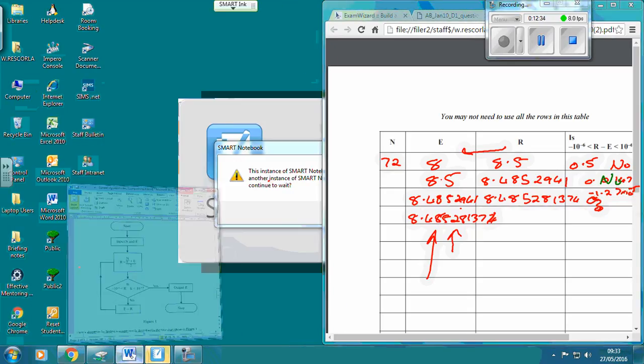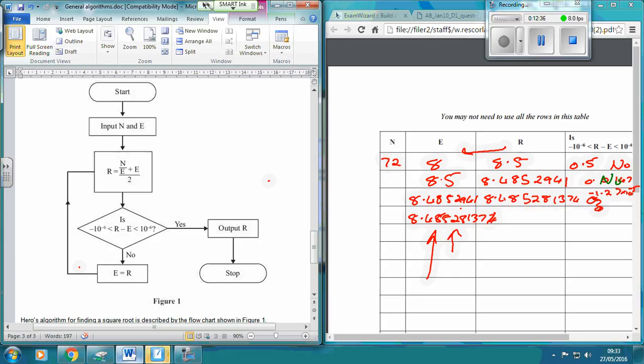So it's going to be 72 divided by this one here, plus that one there divided by 2.